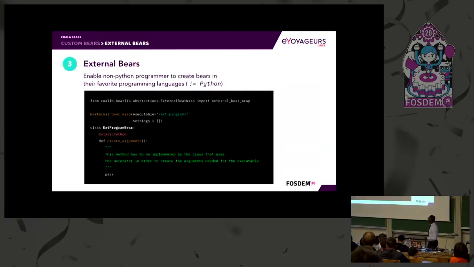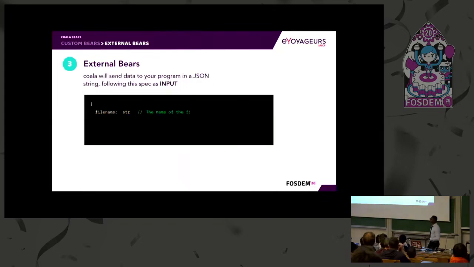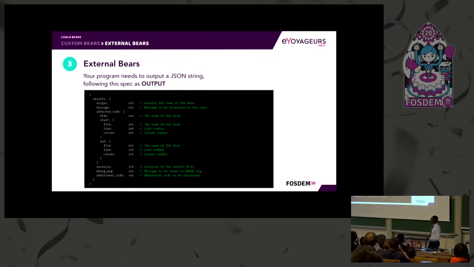External beers also wrap your tool, but written in any language. Coala will provide you some data in JSON, and as a rule, you have to produce a result which will be analyzed or used by Coala.